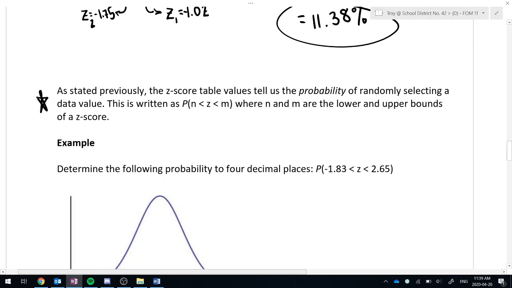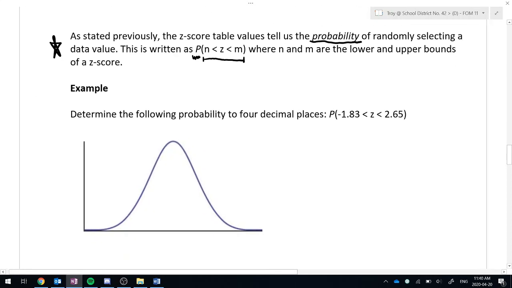Sometimes you'll see some questions asked like this. So the z-score tables can also tell us the probability of picking any random data point and getting it into that range. So probability typically is listed as P of something in brackets, okay?